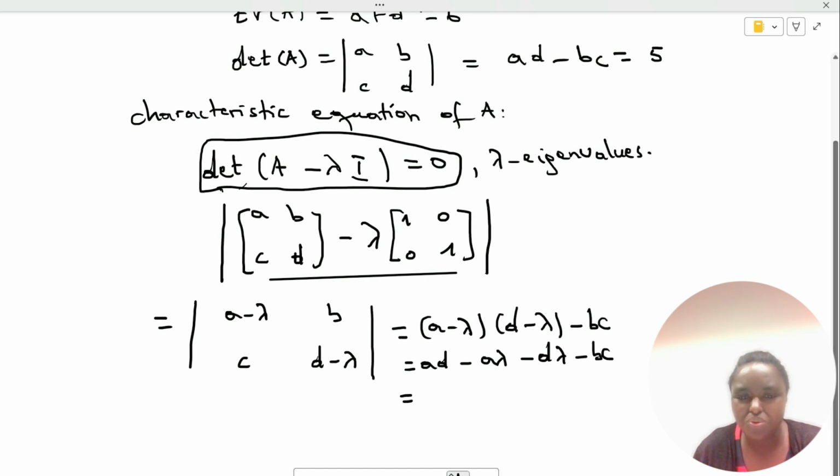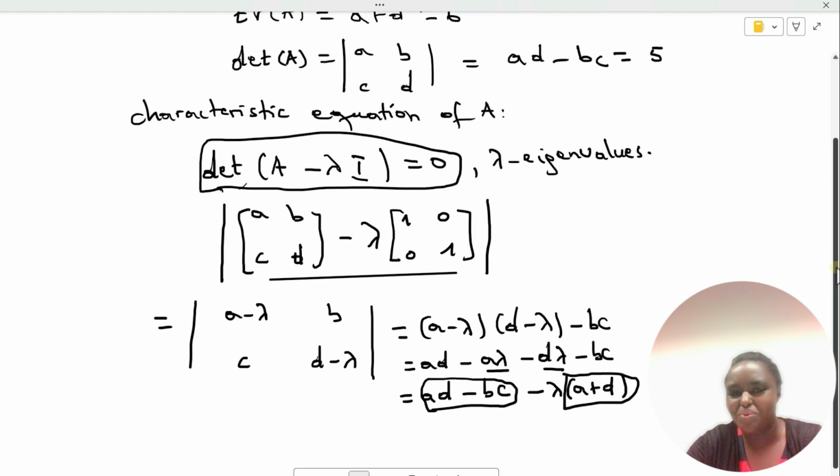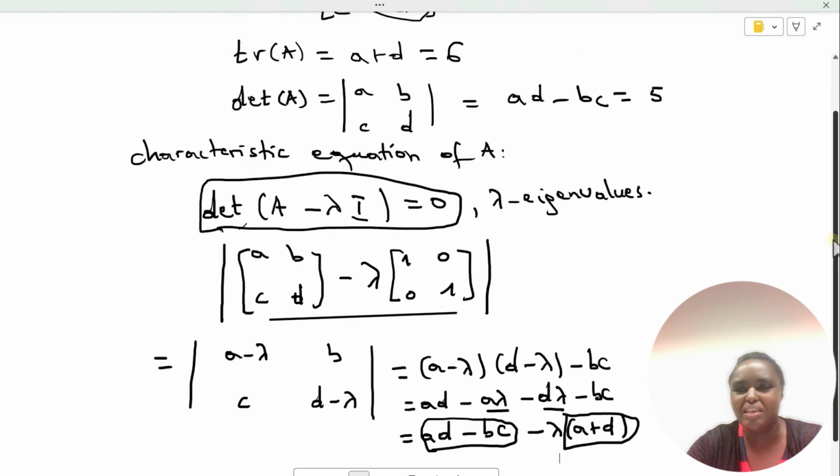This is AD minus BC, and minus lambda, we have lambda here and lambda here, we can put it in evidence: lambda times A plus D. And what is AD minus BC? If you look above, AD minus BC is this determinant.